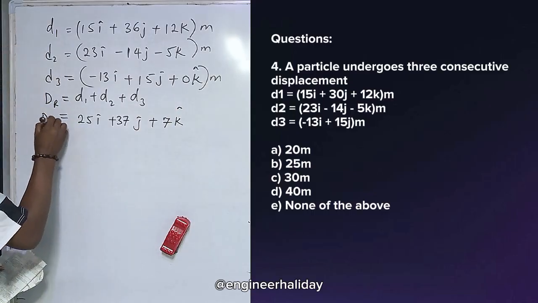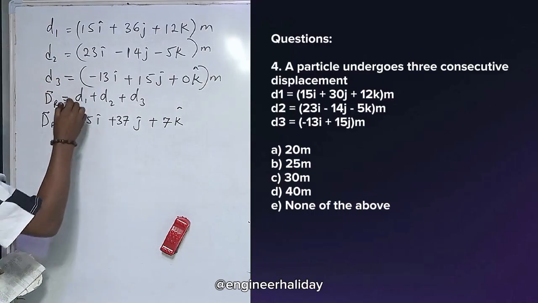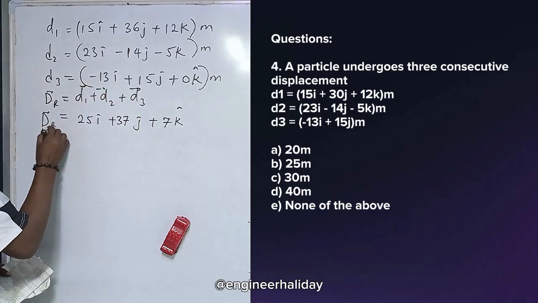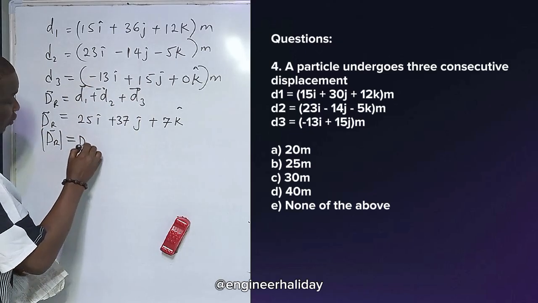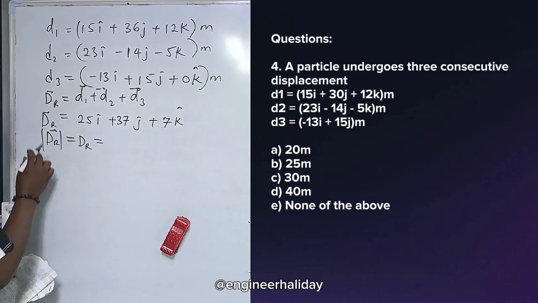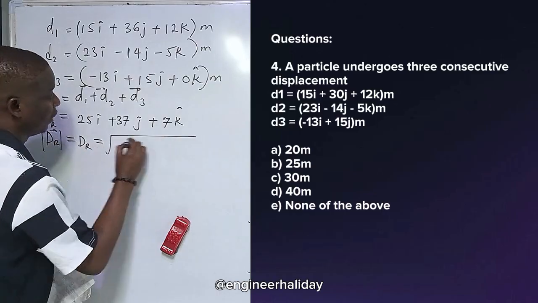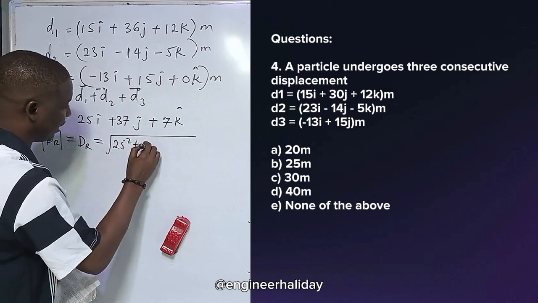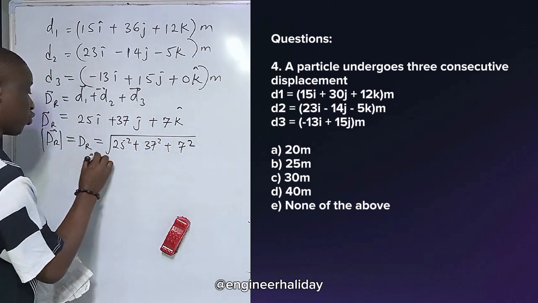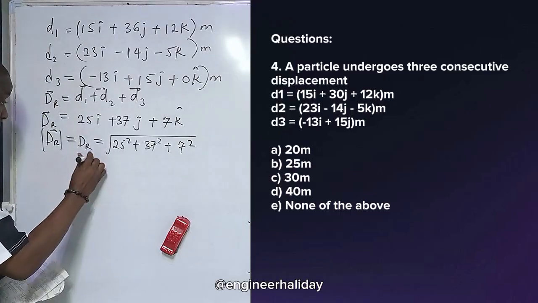Now this is dr, the vector. So in that case, the dr magnitude, which is equivalent to the magnitude of r, because the magnitude removes the arrow and the direction, we should have 37 squared plus 7 squared. You can also solve it along with your calculator.